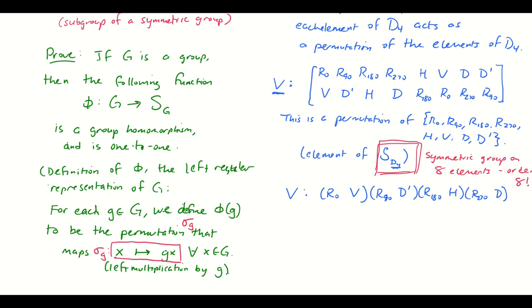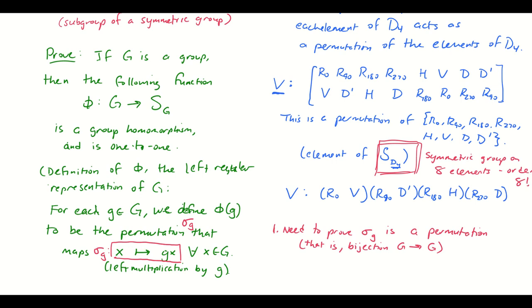So I think there's a few things to prove here. First of all, I need to prove that sigma sub g actually is a permutation. In other words, that it's a bijection from G to itself.